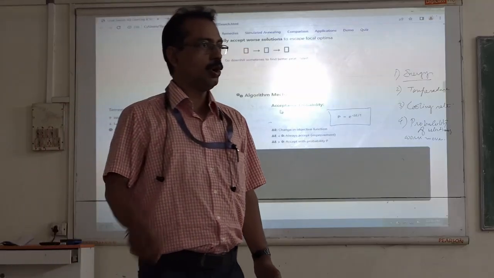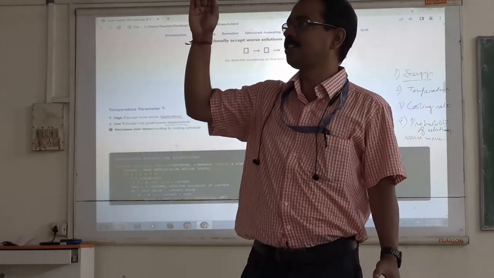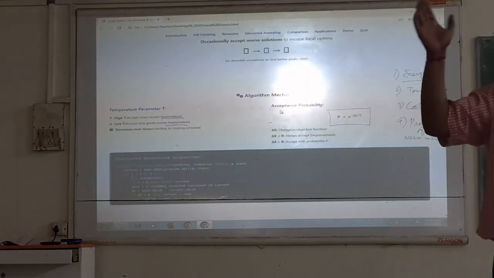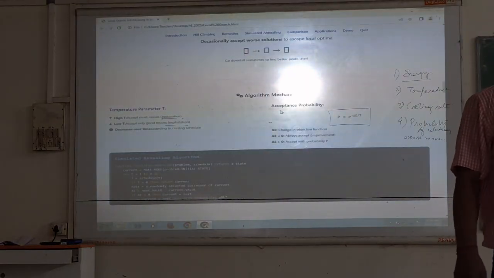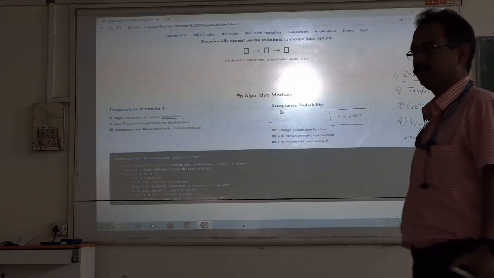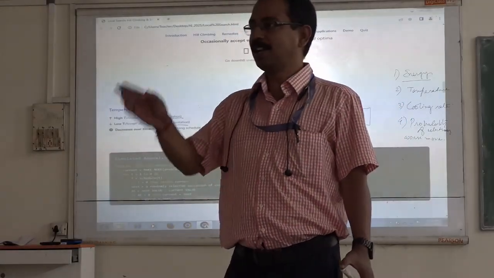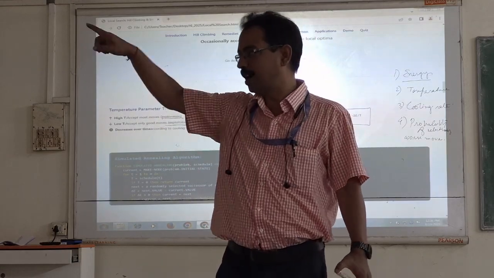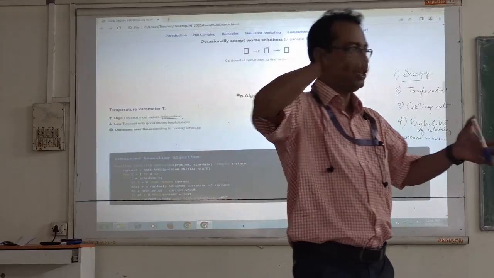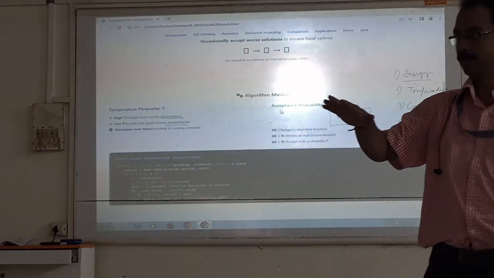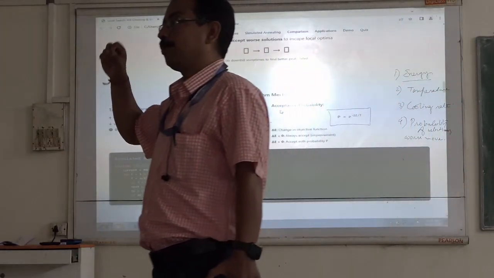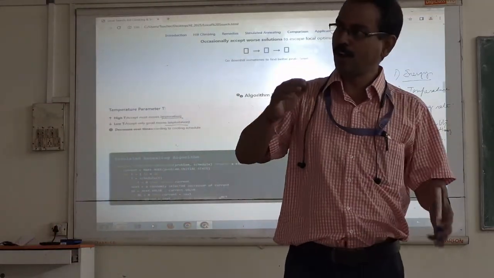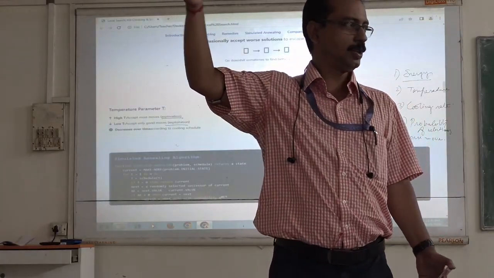Got my point? Based on the T, suppose you make a function for T such that T decreases very rapidly. Then in that case, what will happen? In metallurgy, you know what will happen, but here what will happen? You will not be able to explore far. You will jump around a bit in a small place and then stop. Okay, but if you make the T decrease too slowly, then it will take a long time to converge to the solution.